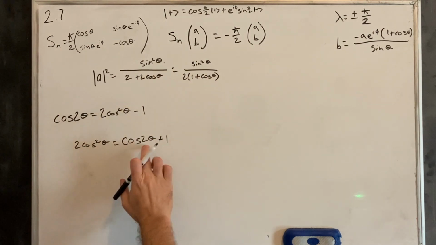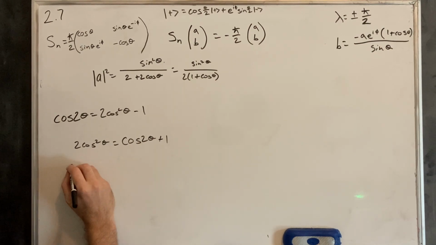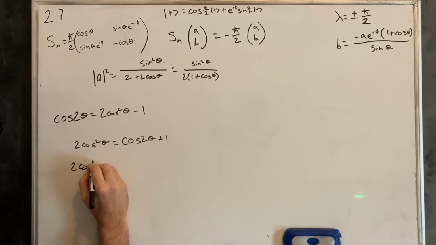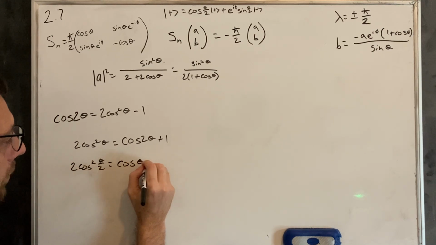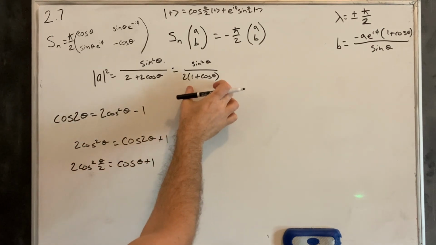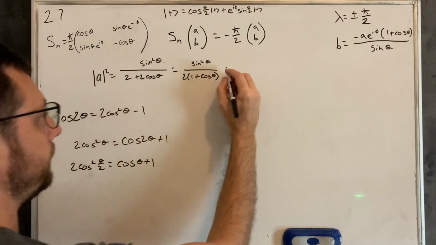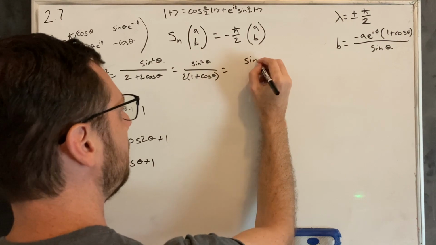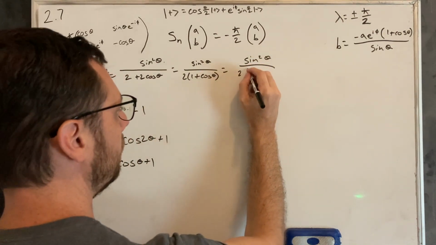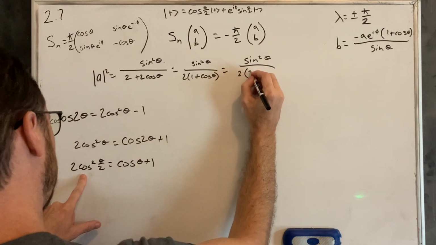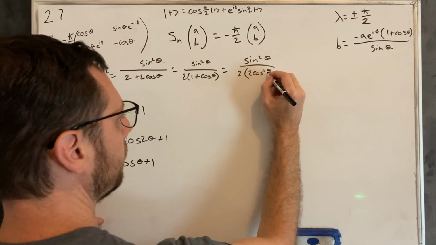That's almost that, but we have this 2 theta, so let's make this theta over 2. So 2 cosine squared theta over 2 equals cosine theta plus 1. Now that matches, so we can plug in this 2 cosine squared theta over 2. So we have sine squared theta over, we still have this factor of 2 here, so 2, and then another 2 cosine squared theta over 2.